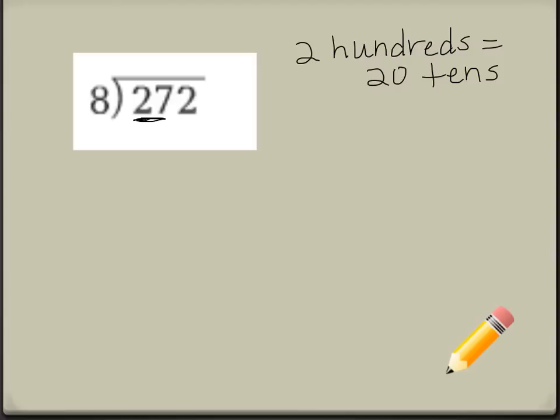So 8 will go into 27 tens 3 times. 3 times 8 is 24. And I'm going to bring down 3 tens. You can see that I placed my first digit in the tens place. Okay? So I have 3 tens, and now I'm going to bring down 2 ones.